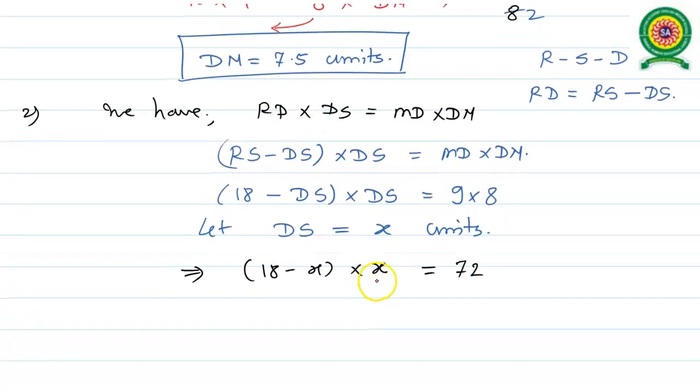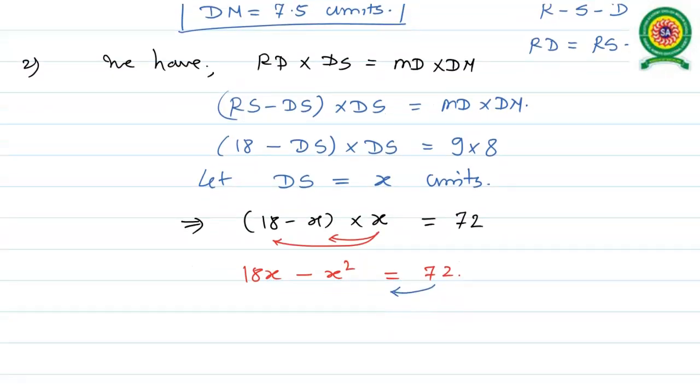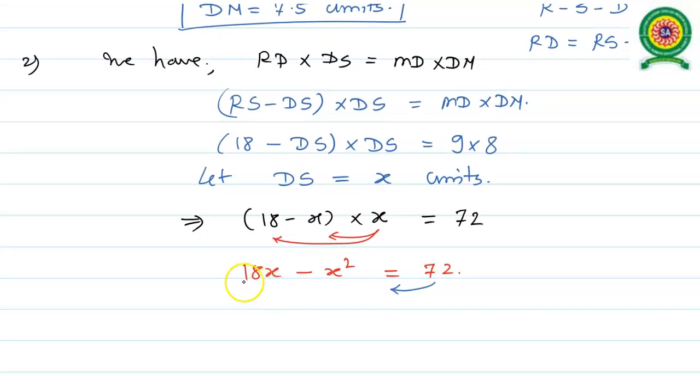Now try to distribute this x over the bracket, so that we are getting 18x minus x square is equal to 72. Now shift that 72 from LHS to RHS and multiply throughout the equation by minus 1. Hence we have at start 18x minus x square minus 72 equals 0.